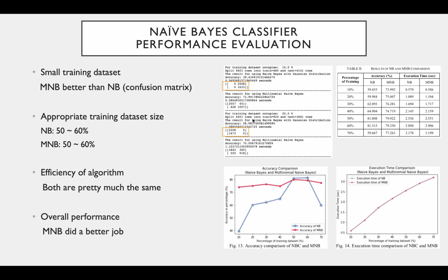Then the efficiency of the algorithms. We can see from figure 14 that there's not much difference between them. They are actually the same. And then the overall performance, it's obvious that multinomial naive Bayes did a better job than the naive Bayes classifier, as we can see from table 2.